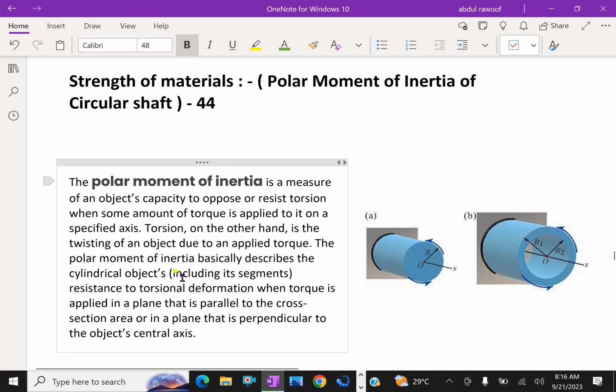The polar moment of inertia basically describes cylindrical objects, including their segments also. It is the resistance to torsional deformation when torque is applied in a plane parallel to the cross-sectional area, that is, a plane perpendicular to the object's central axis.